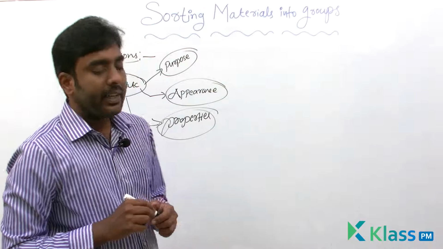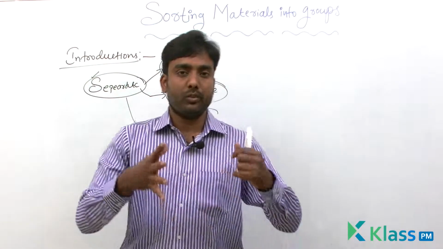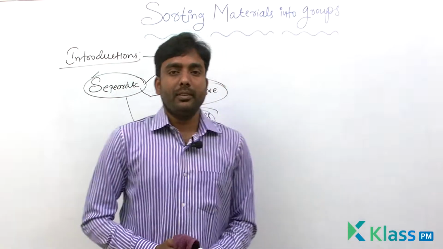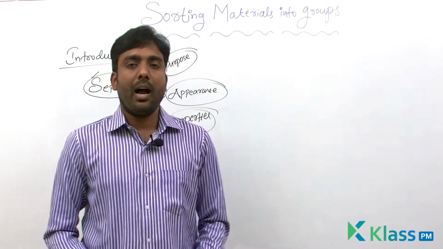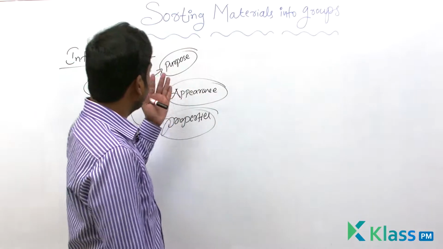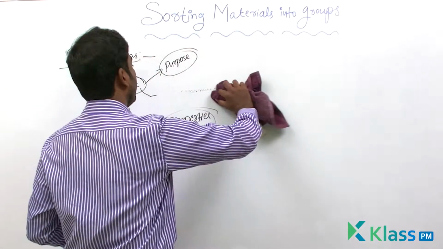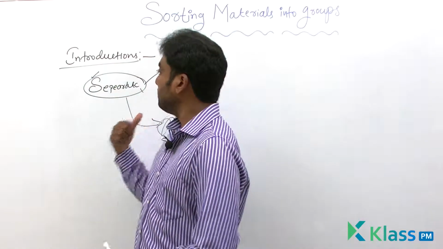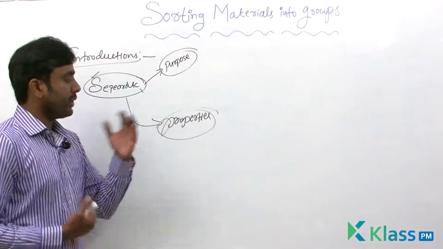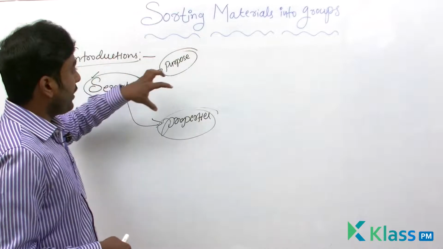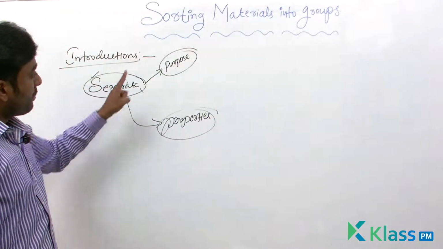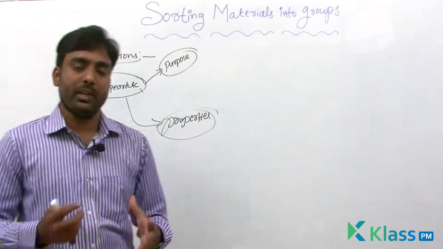So we will segregate or sort the materials into groups based on their properties as well as their purpose. You can remove appearance because appearance also comes under properties. So we will sort the materials into groups based on their purpose or their properties.